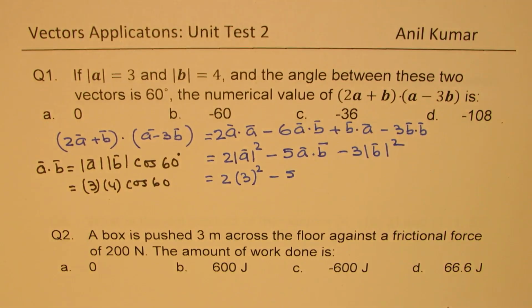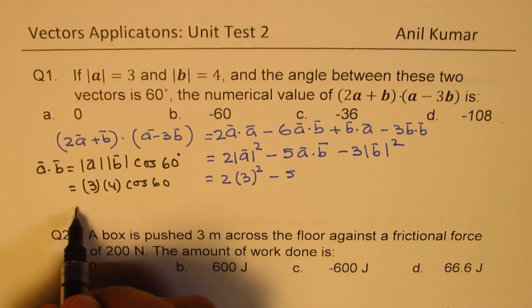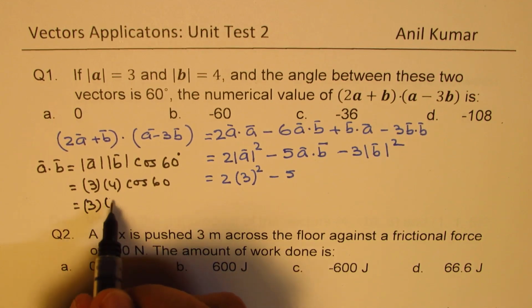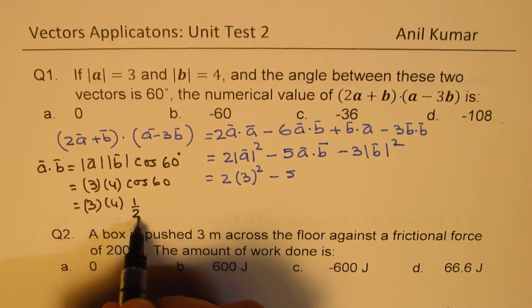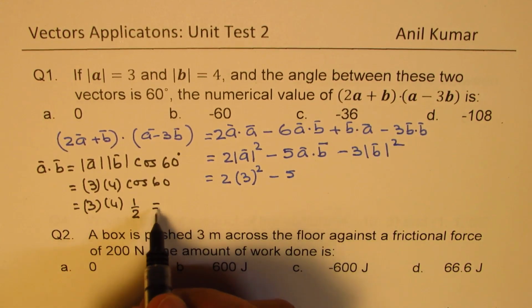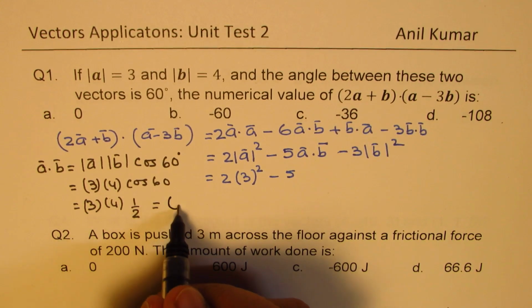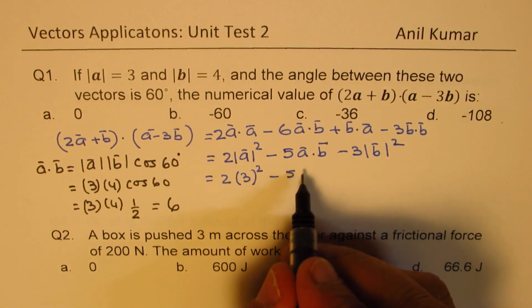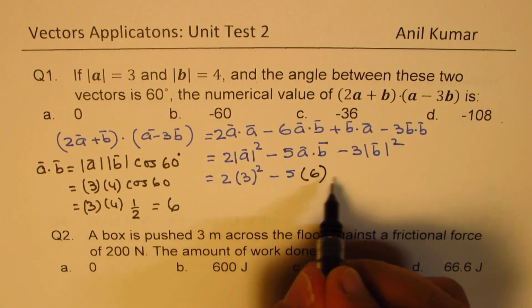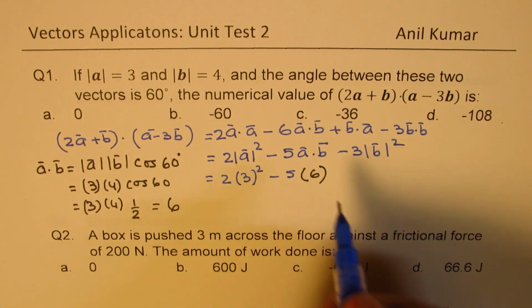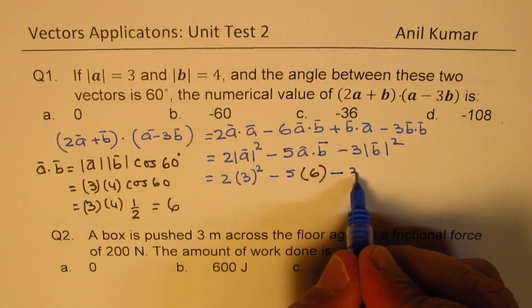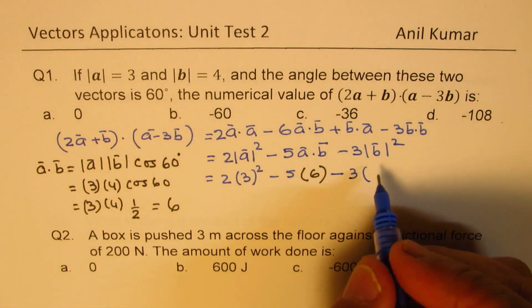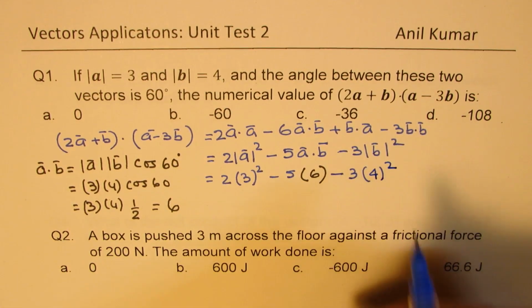Now cos of 60 degrees is half, right? So it is 3 times 4 times half, right? You can use calculator also, which is 6. So this value here will be 5 times 6. Is that clear? Minus 3 times magnitude of b square, which is 4 square, right?